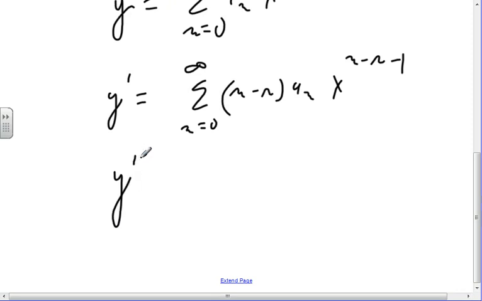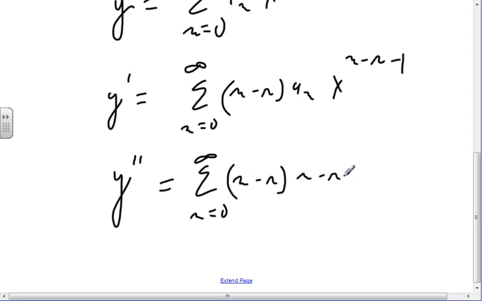And y double prime is going to be in the form n equal to 0 to infinity of (n minus r)(n minus r minus 1) a_n x to the n minus r minus 2.